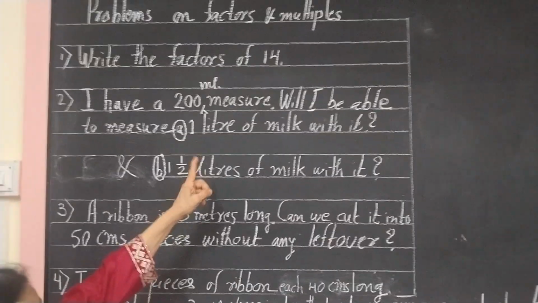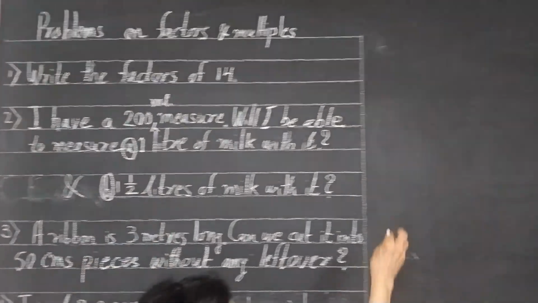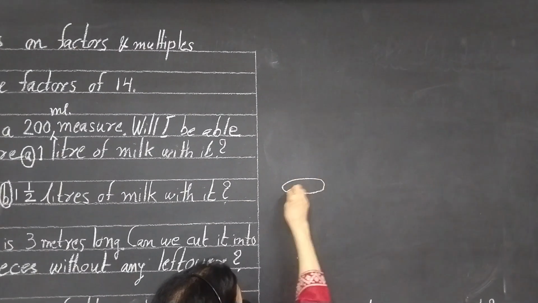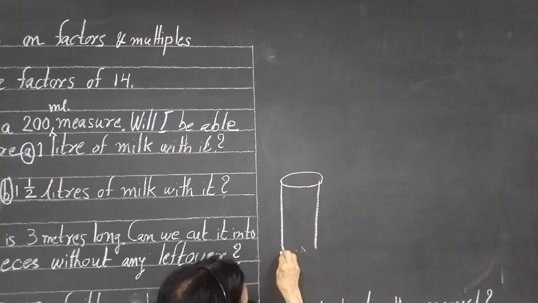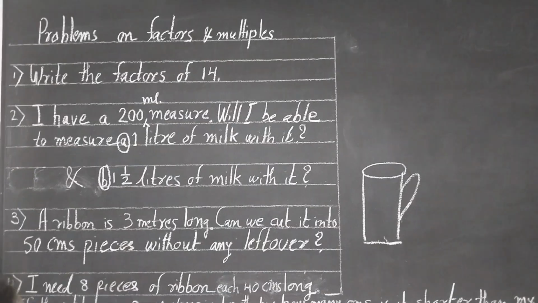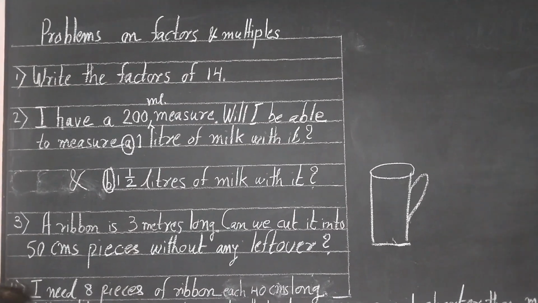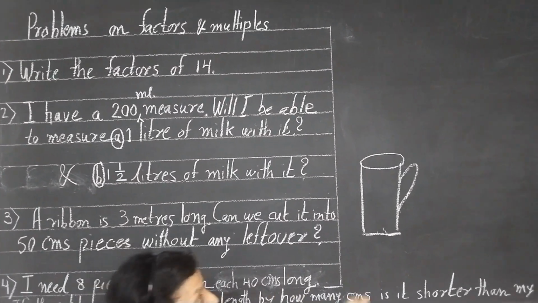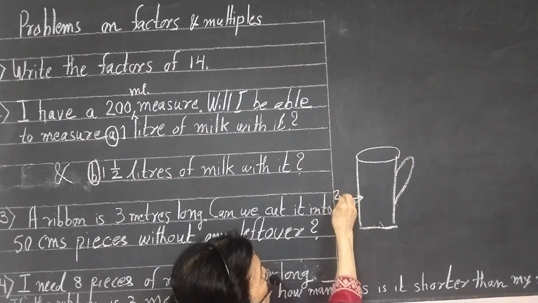But this is the milkman's measure, something like this. And there are no markings on it. The entire capacity of this is 200 ml.